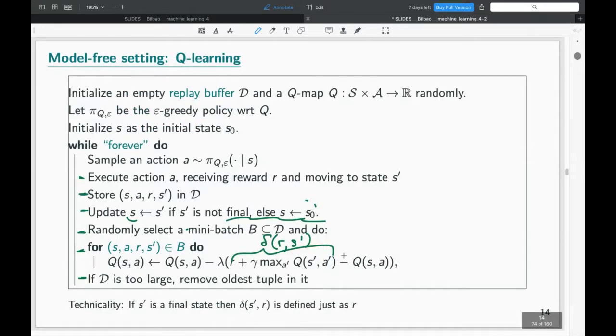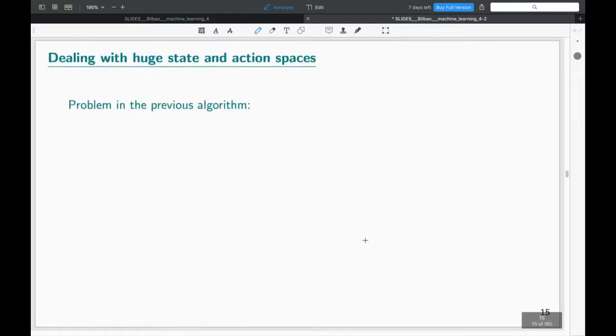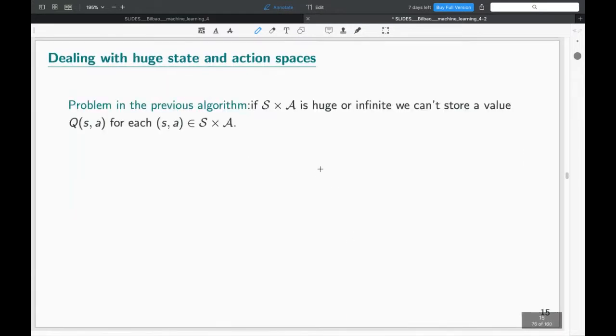So this is great, but there is just one problem, which is what happens if the number of states or actions is huge or infinite. If this happens, then to begin with, we might not even be able to store a value for each state action pair if S cross A is very, very big.